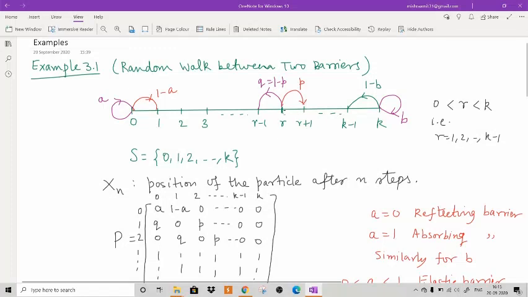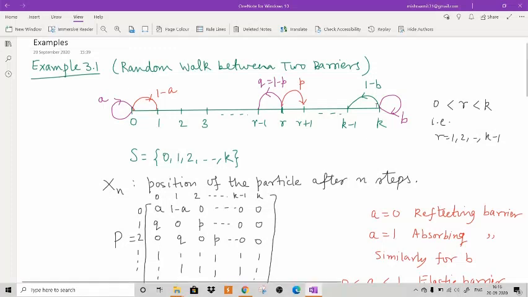For example, it moves from state r to r plus 1 with probability p, and it can move from state r to r minus 1 with probability q, which is 1 minus p. Here r is from 1 to k minus 1, that means we are not including the boundaries, because the rules of movement at the boundaries are different.